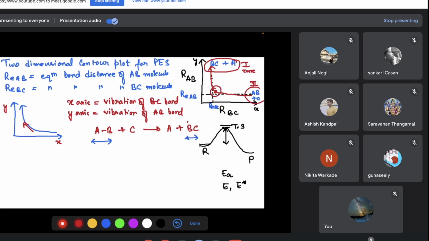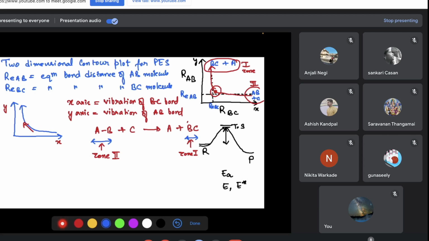Only BC vibration is there in zone 1, and only AB vibration is there in zone 2.